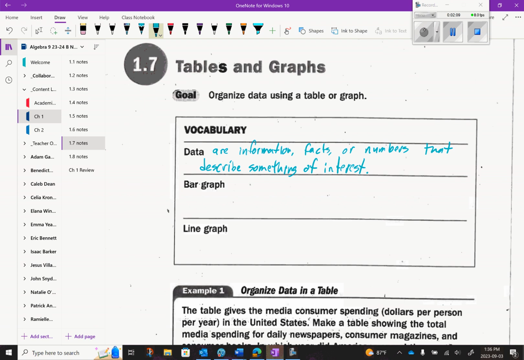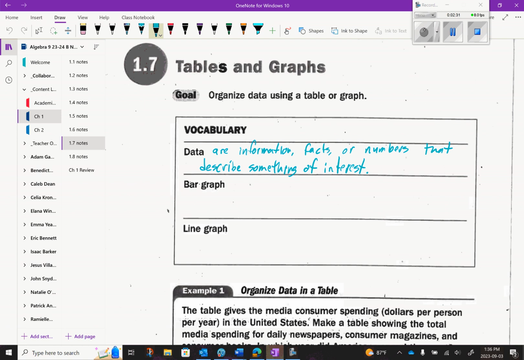One way that we can organize data is with the bar graph. Now, again, if all we have is a list of the numbers, the data will not show us anything clearly.